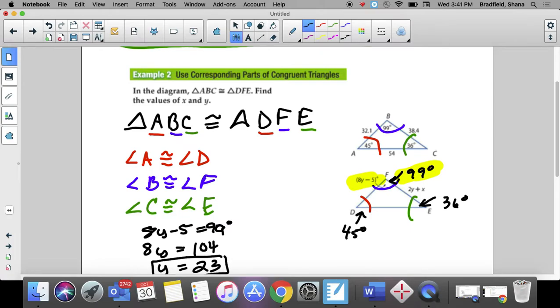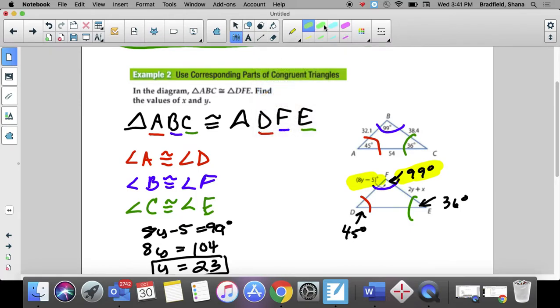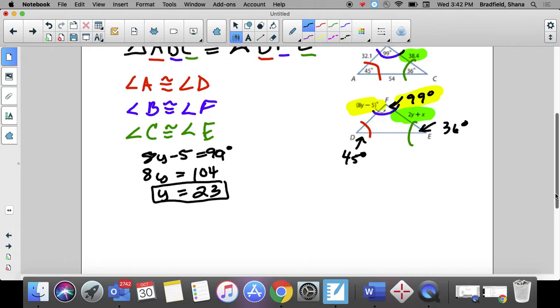Then I need to do something for x. I need to find where x is. X is one of the sides, and the side that has x in it says 2y plus x. It looks like that corresponds to the side that has angles at each end of 99 and 36, so that would be 38.4. Those are equal to each other, so I'm going to write an equation: 2y plus x equals 38.4.